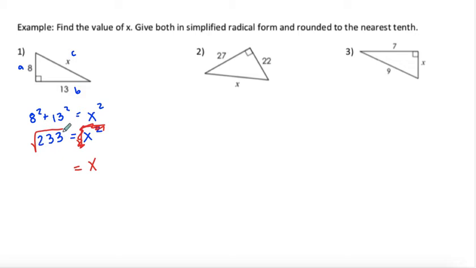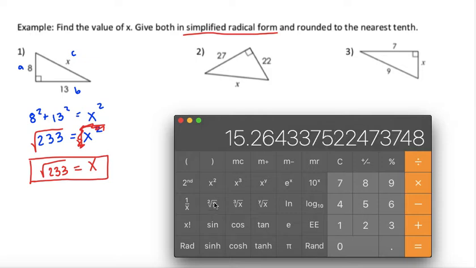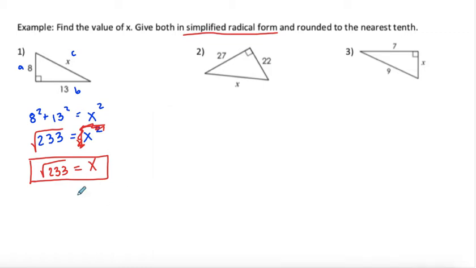Then the square root of 233, and this says to give both simplified radical form and rounded to the nearest tenth. If I bring down 233, I want to see if I can simplify that, and I can't. So that's as simplified as it gets. Then on my calculator, I check the square root, and I get 15.3, because rounding to the nearest tenth, that 6 will bump up my tenths.